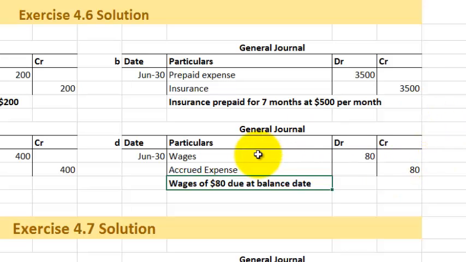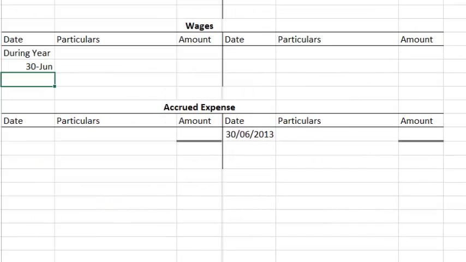For this last entry, I will show you the ledgers and how it all works, again to consolidate the understanding of why we're making these entries in the first place. So we had to debit wages for $80. Let's look at the ledger here. Now there would have been a whole range of entries that have been entered throughout the year. I'm just going to make this figure up, it doesn't really matter.